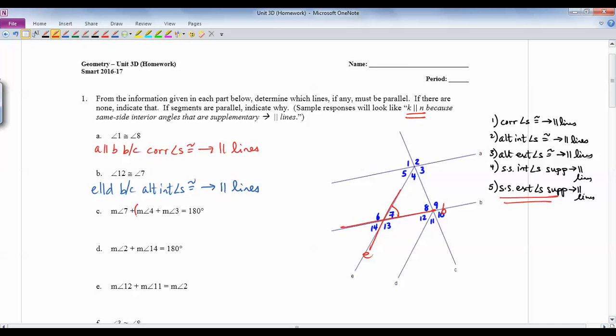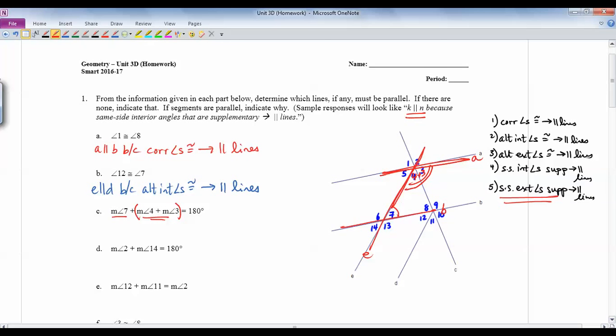The trick for this problem is actually to think of 4 and 3 as one big angle. It doesn't say 7 and 4 plus 3 are the same, so I'm not going to mark them both with 1 curve. I'm going to do this one with 2 curves to show that it's a little different. And 4 and 3 put together are formed by lines E and A. So here's 4 plus 3.